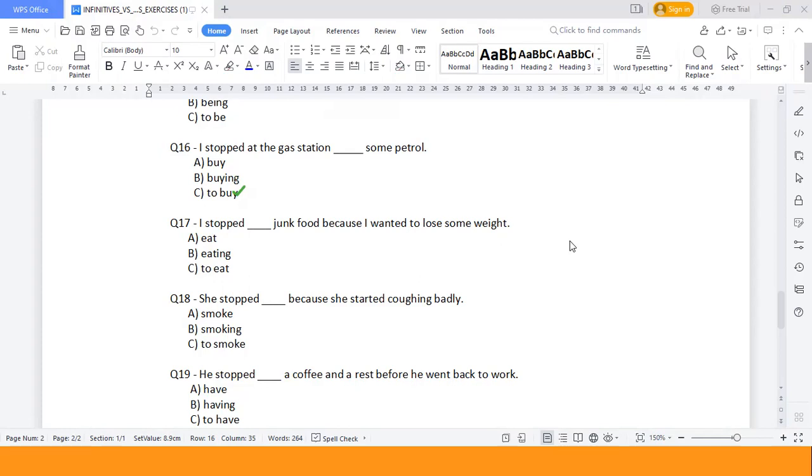So the idea of the sentence is that you don't do that any longer. Do you understand what I mean, Alexis? So it cannot be I stop to eat, because if you say I stop to eat, it's because you're going to continue eating junk food. Do you understand? Okay.